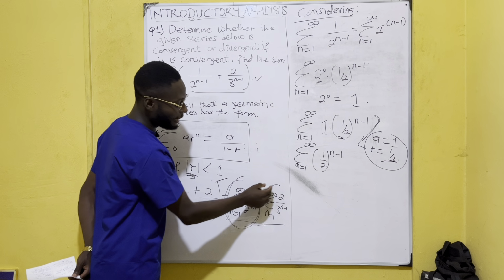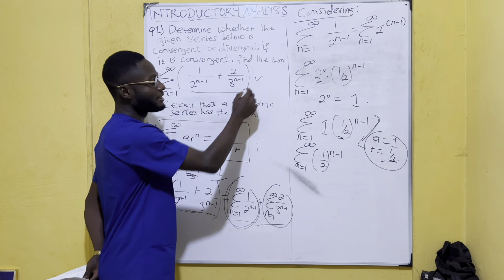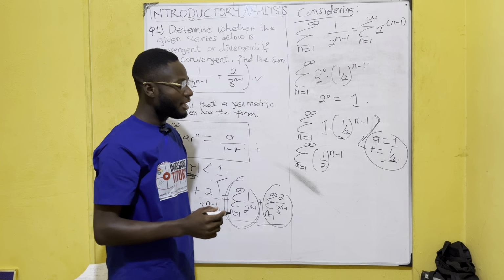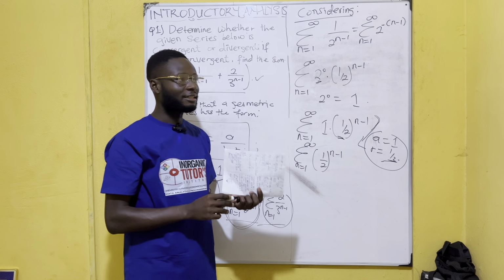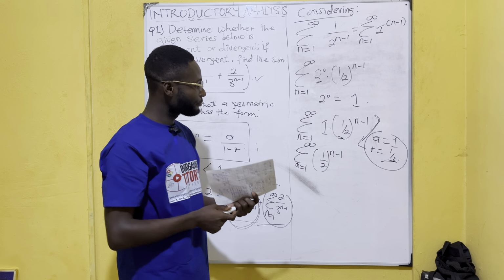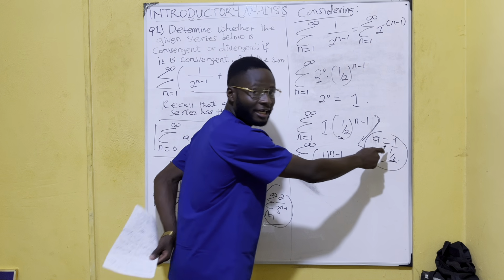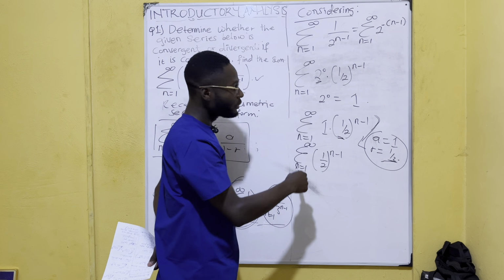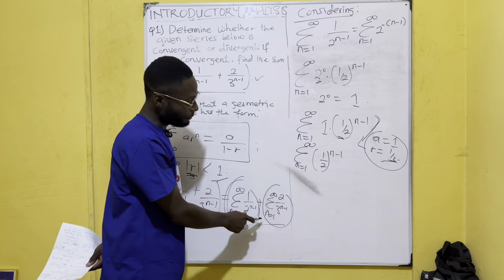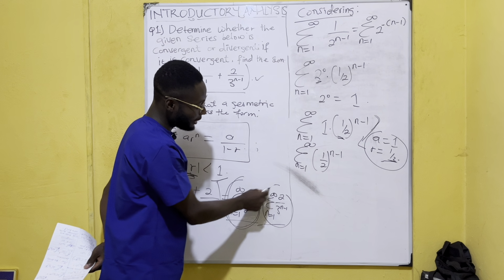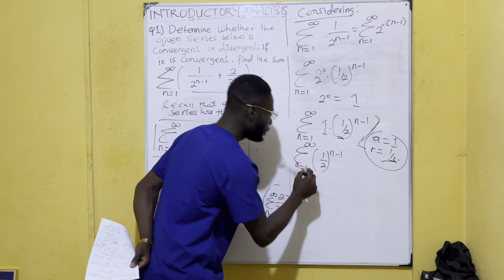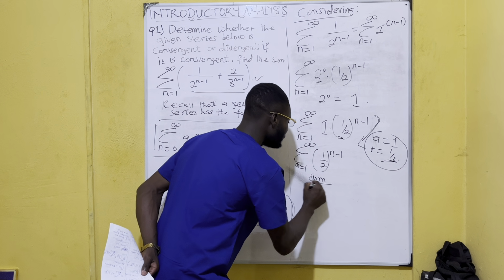Now let's consider the last part of the series and see if that one too converges. If both of them converge, then we can find the sum. Let's try to find the sum for this one before we come to the second term.